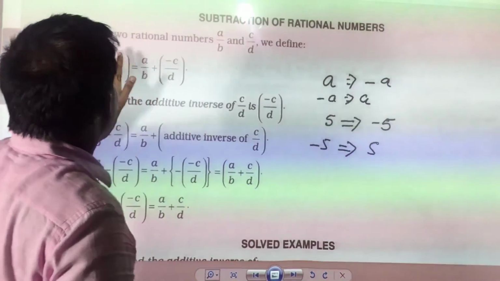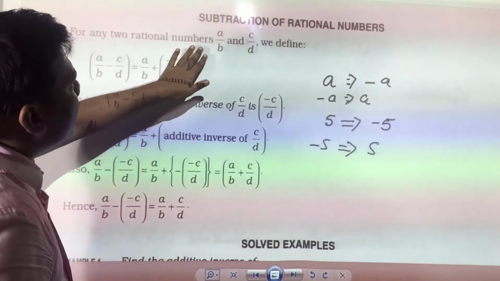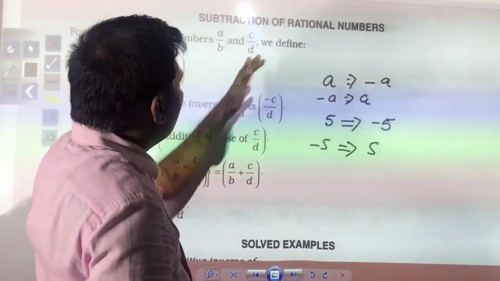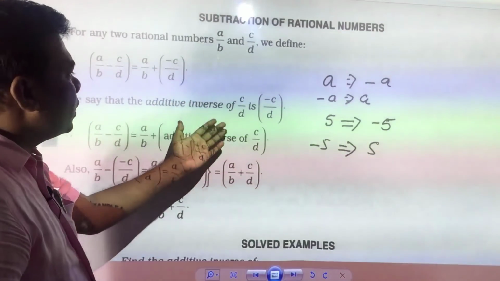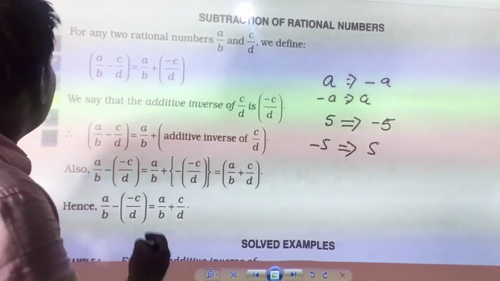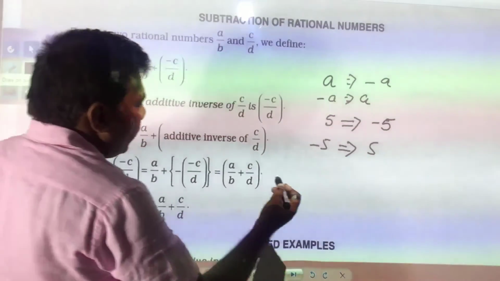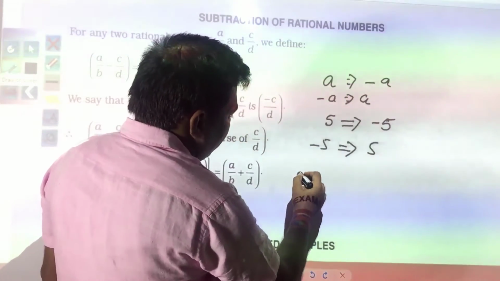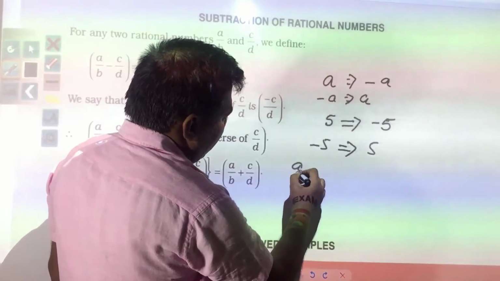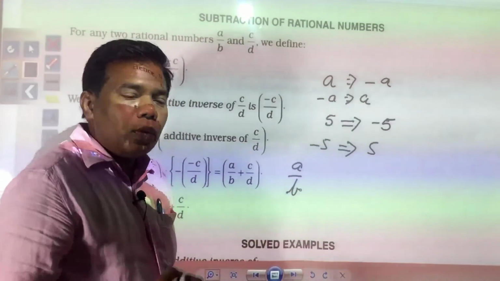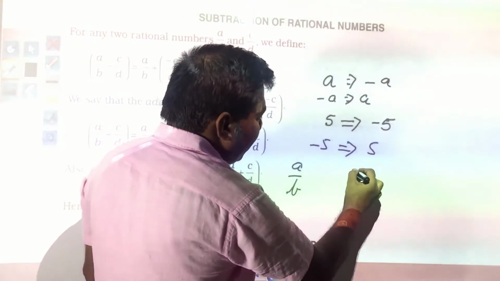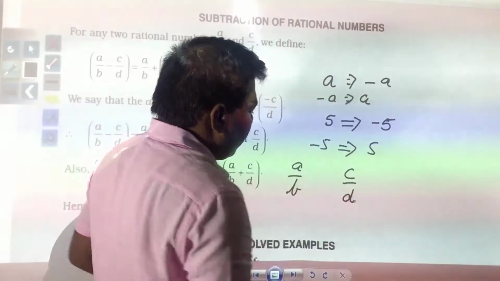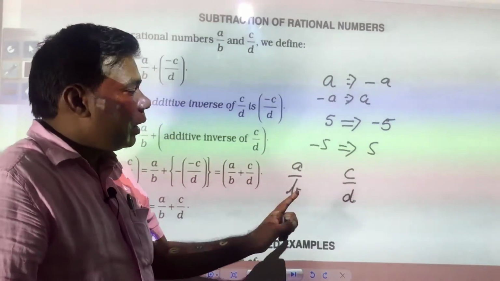So, when it is said that any two rational numbers a by b and c by d are being subtracted, it means what? Simply, if you have a rational number a by b and you need to subtract c by d from a by b, what we need to do?